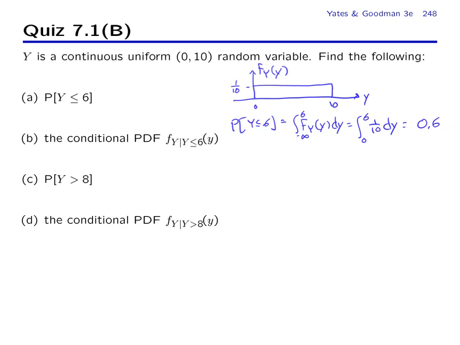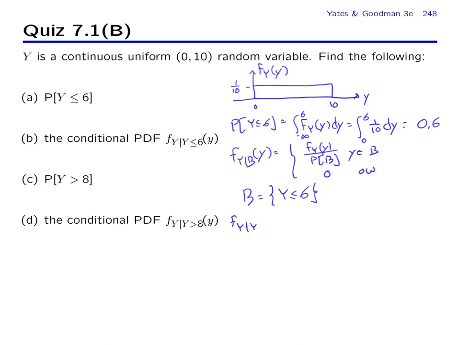We recall that our theorem says that the conditional PDF of y given B is the PDF of y divided by P of B for y belonging to B, and 0 otherwise. In this case, the conditioning event B is that y is less than or equal to 6.